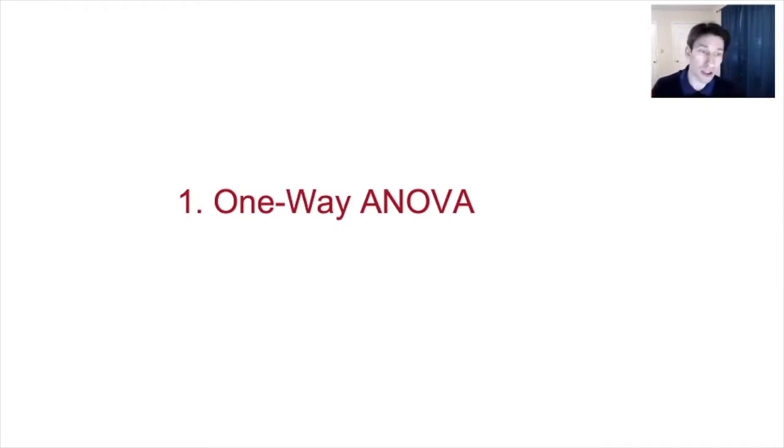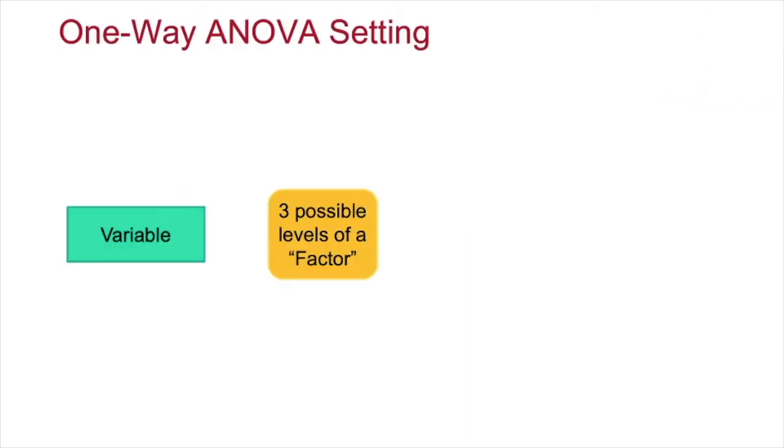One-way ANOVA just means we have one factor, one dependent variable and one factor. So think about it this way. You have information about individuals or items. You have information that records the value of a variable. And then you have information that records the value of a factor, which is a second variable. It's a factor that defines 3 levels.